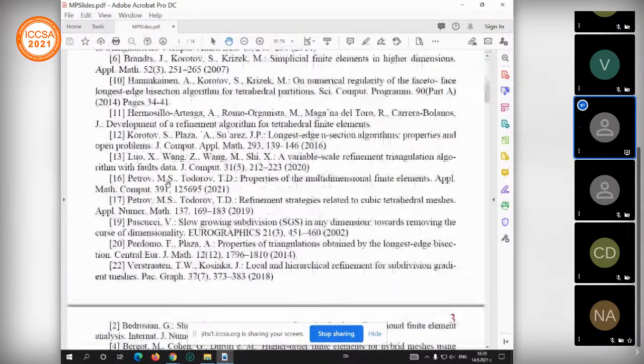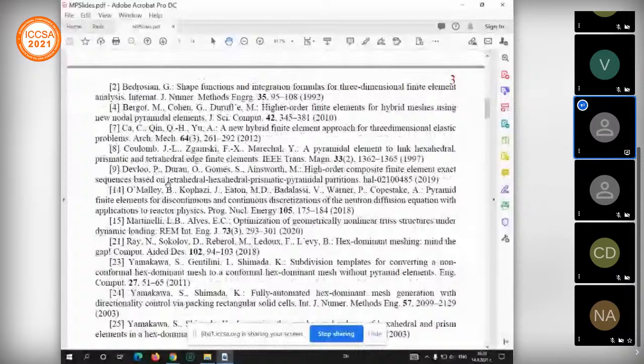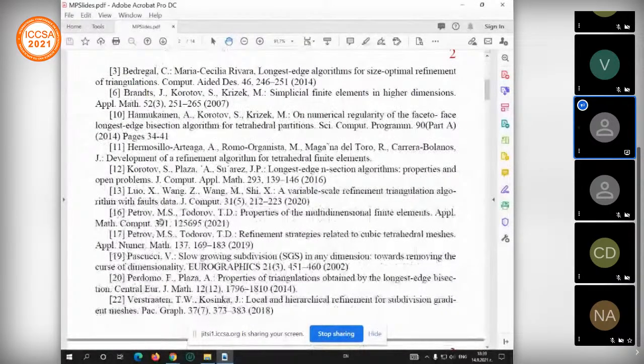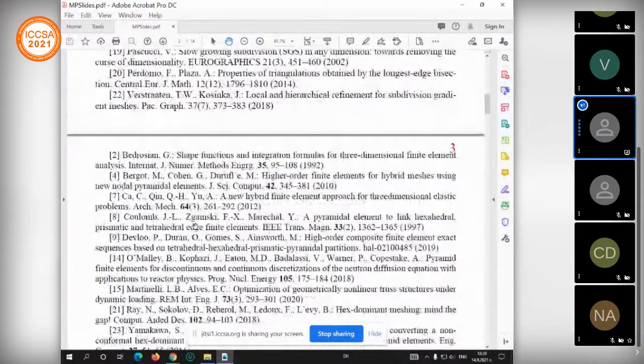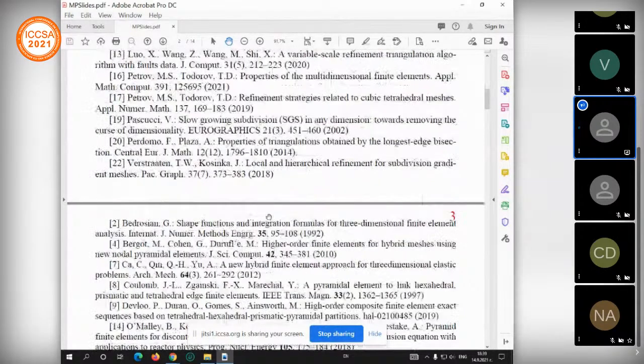Okay, let me finish. There is a paper of Korotov. Look at this paper of Korotov. Number 12. This was a paper of Korotov about longest edge bisection in n-dimensional space, but there is another paper of Korotov.